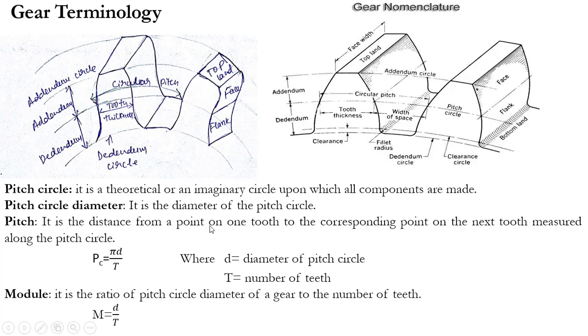It's the distance from a point on one tooth to the corresponding point on the next tooth. So the corresponding point on the next tooth is this thing. If you take this point on this first tooth, the next corresponding point on the next tooth is this one, definitely, right? Or else if you want to take somewhere here, you can take this as one point on this tooth, and you need to take the corresponding point on the next tooth.